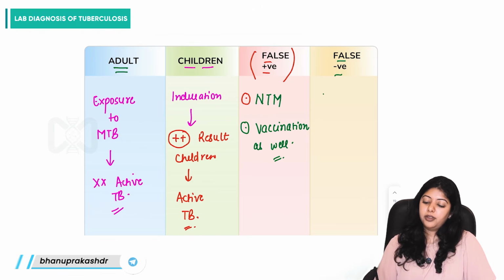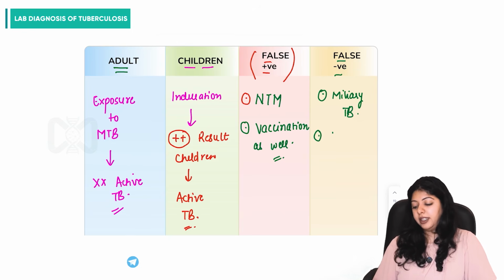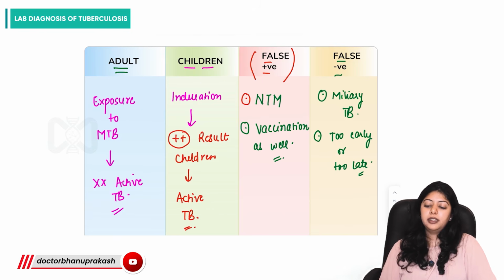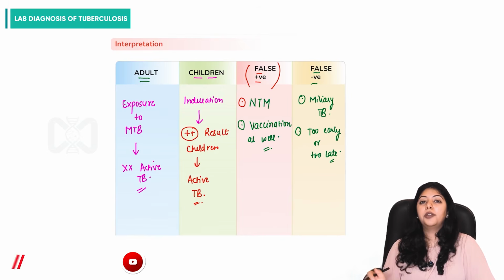We can get false negative results if it is a miliary TB case. If the test is done too early or too late. So these are the cases wherein we are going to interpret the result according to the different categories.